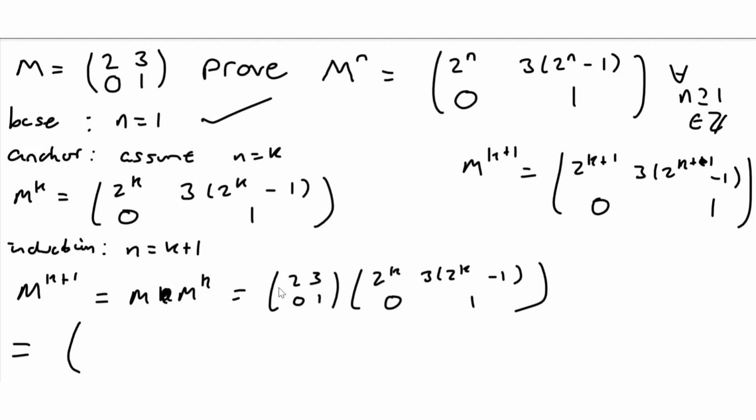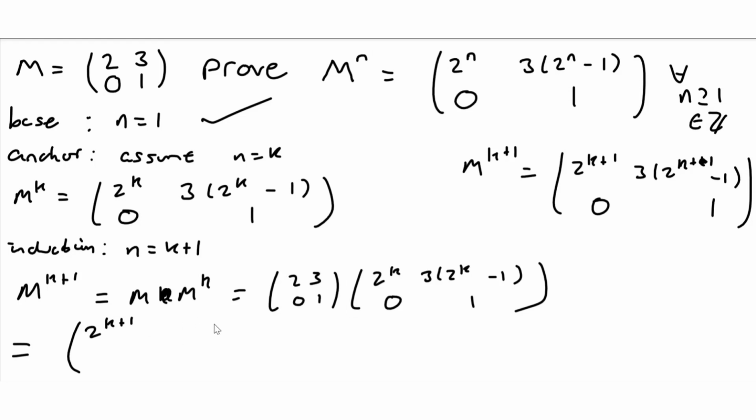So the way matrix multiplication works is we go across the rows of the first matrix and then down the columns of the second one. So this first component here is 2 times 2 to the k plus 3 times 0. So that's 2^(k+1), which is looking good.